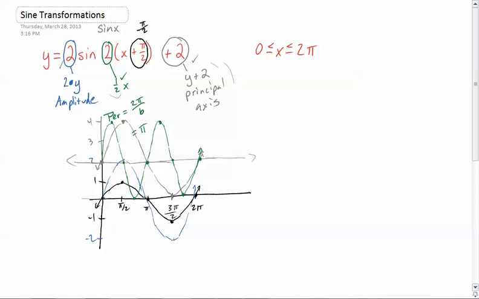So I'm going to take each of these values, and I'm going to move it to the left pi over 2, which means I need to create a new, let's go negative pi over 2, just so I can have it. So this point here, it's now the green graph I'm shifting over. This one moves there. This one moves there. This one over, pi over 2.